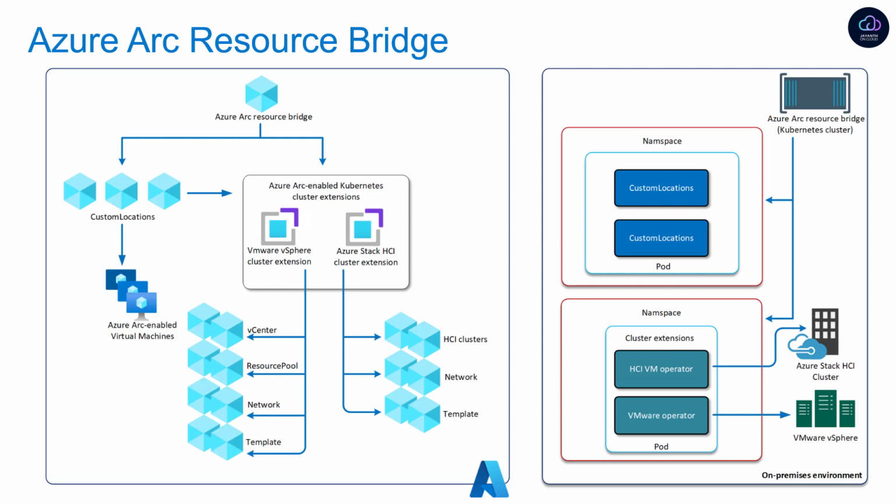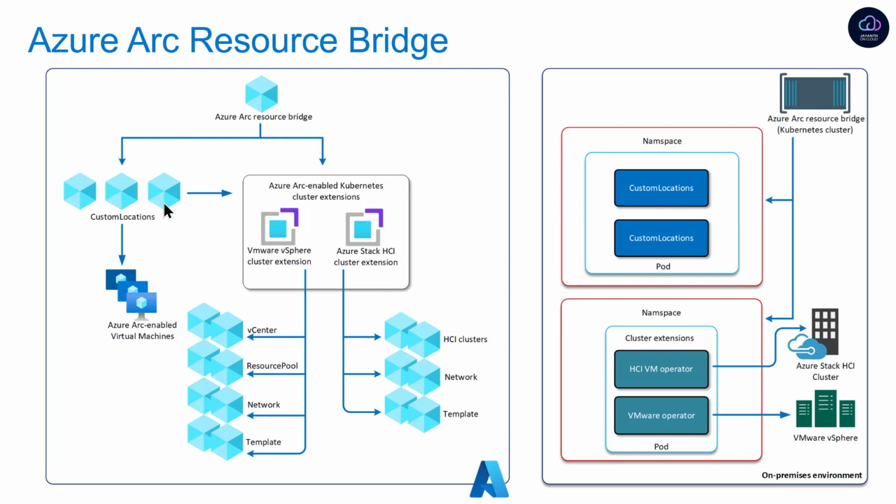Now, if you look at the overall architecture, the base layer represents the resource bridge and the Arc agents, and the platform layer also includes the custom location and the cluster extension. Right, so this is what I spoke about in the previous slide.